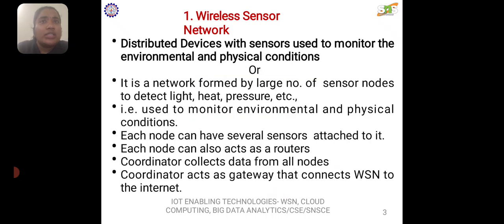What are the constraints of WSN? The constraints of WSN mean we have limited processing speed, less storage capacity, and less communication bandwidth. There are a lot of challenges posed by the deployment of sensor networks, which are wireless ad hoc networks.